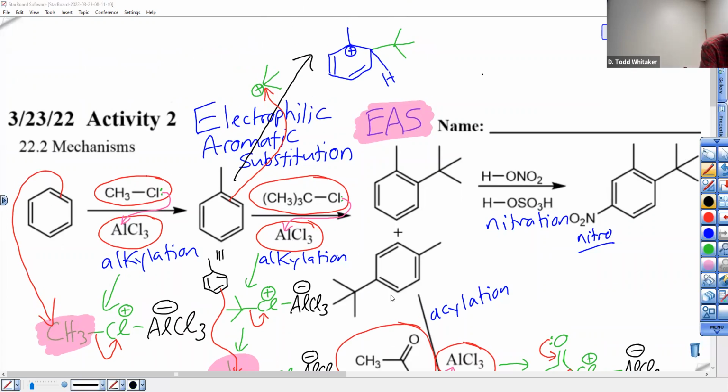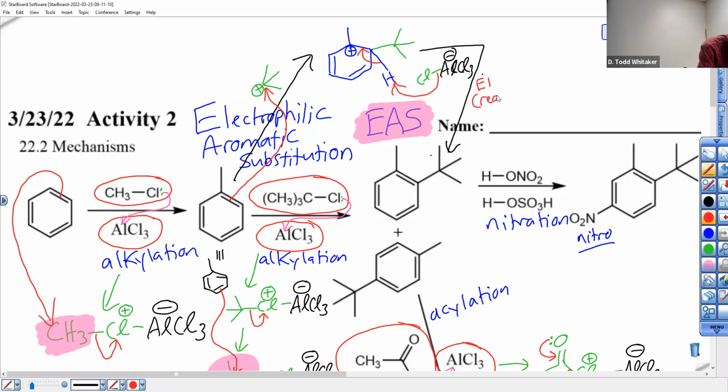We're going to have everything happen that we need to happen here. We have Cl attached to Al, AlCl3 minus. The Cl is going to come off with its electrons and grab the H in a very fast reaction called E1.